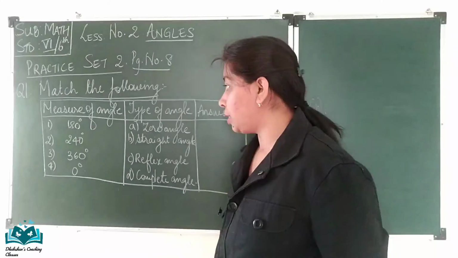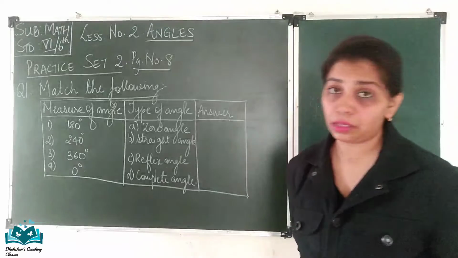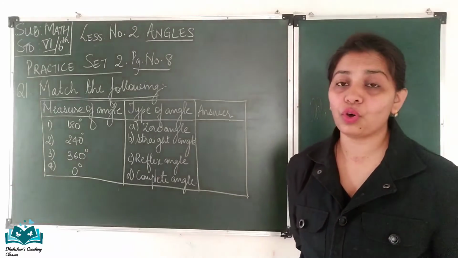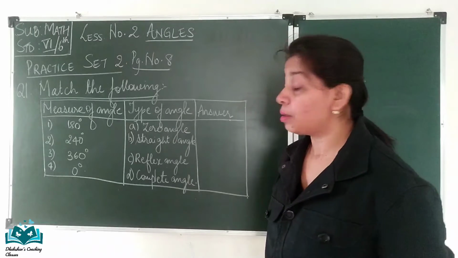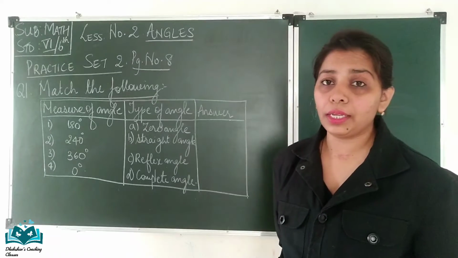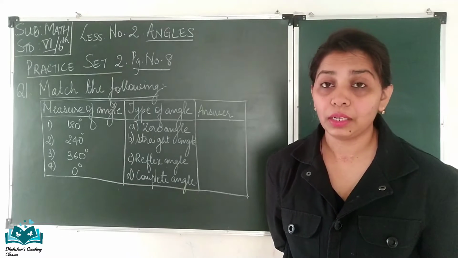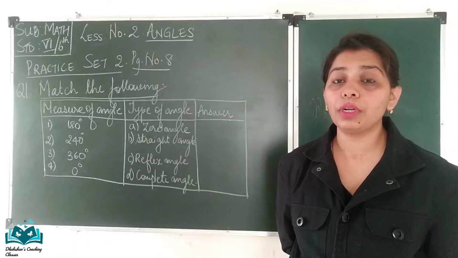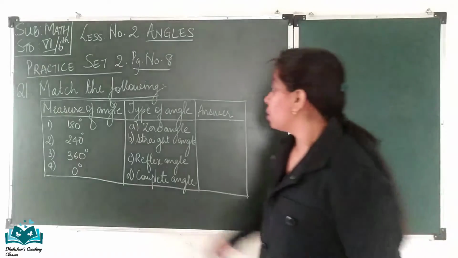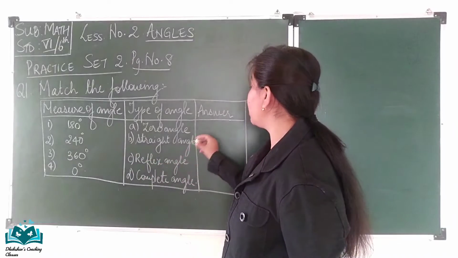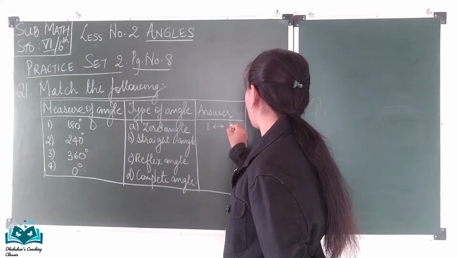First one is 180 degree, the second one is 240 degree, the third one is 360 and the fourth one is your 0 degree. So on this basis 180 degree, as I told you, is a straight line. So the angle will be what? It will be your straight angle. So the first matches with B.